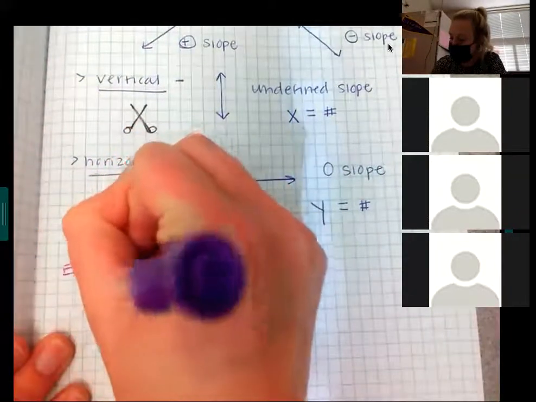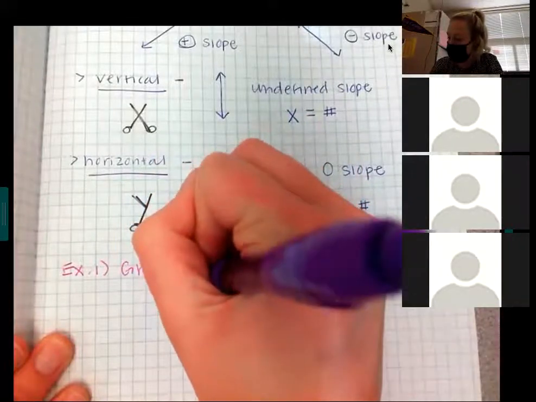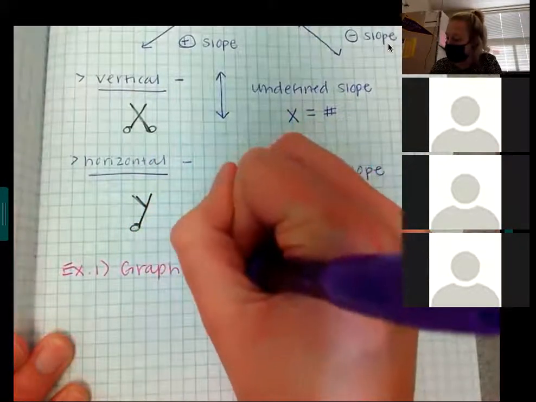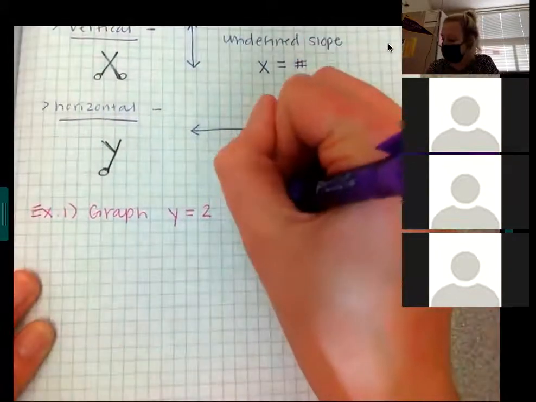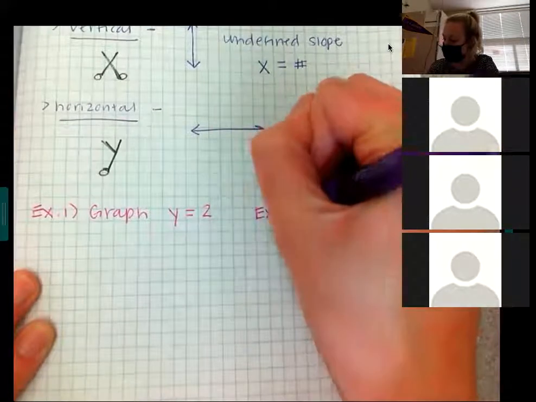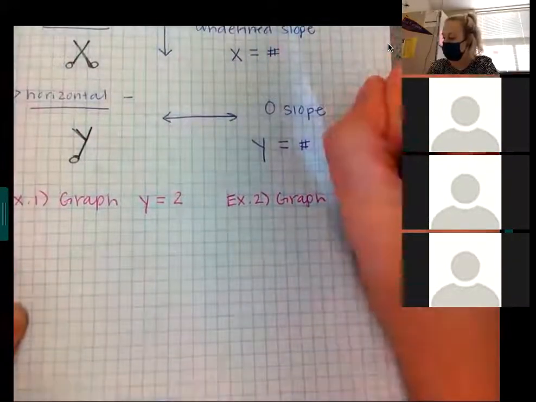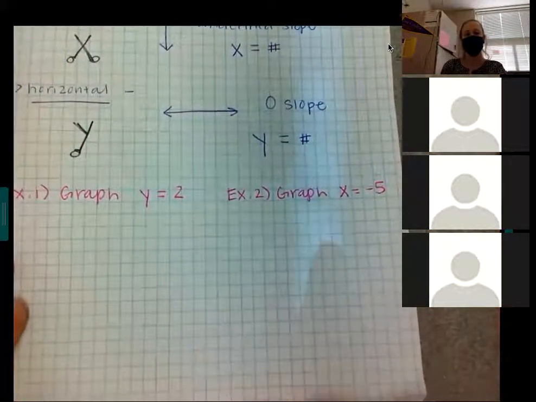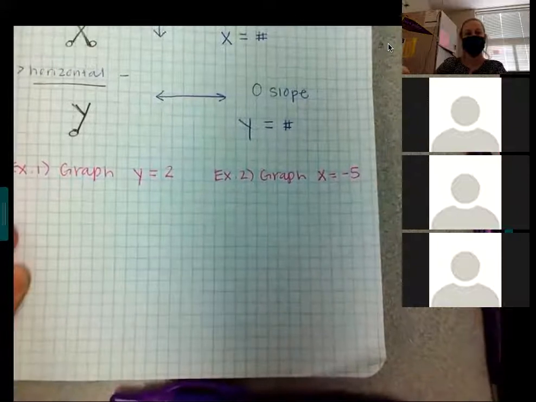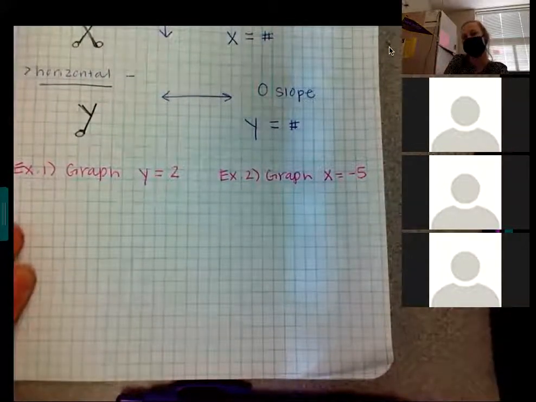Example 1, I want y'all to graph the line Y equals 2. And then example 2, I want y'all to graph the line X equals -5. I'm going to pause. I'm going to give you 2 minutes because it shouldn't take you that long.